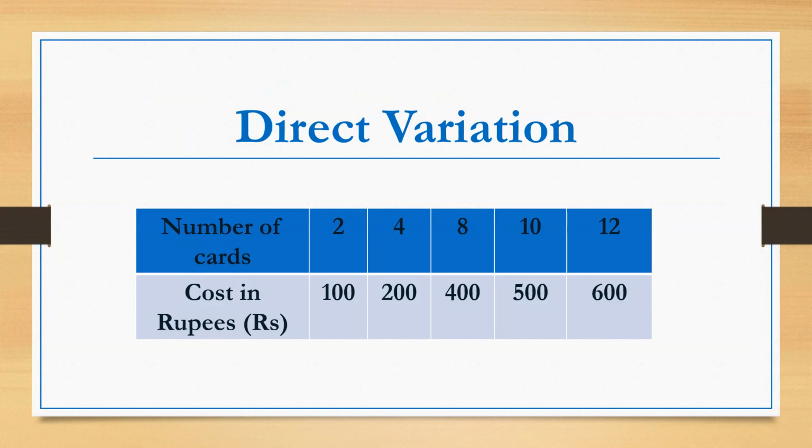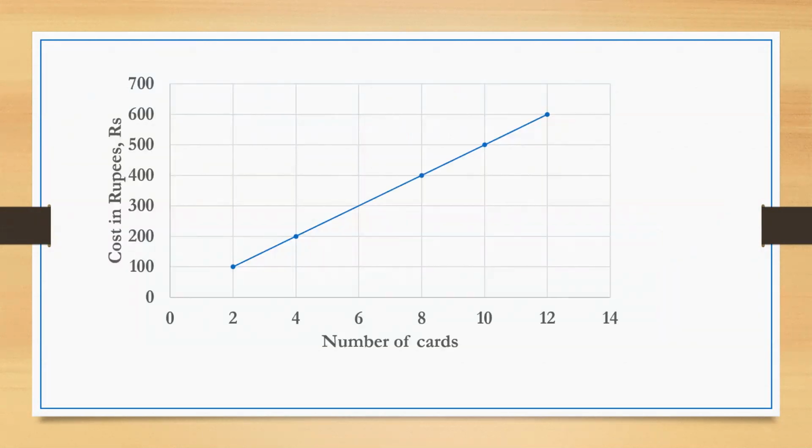Similarly, if I decide to buy 10 cards, I will pay 500 rupees. So this information has been illustrated on the graph here. On the x-axis, you have number of cards, and on the y-axis, you have the cost in rupees. You can see that we have a straight line.